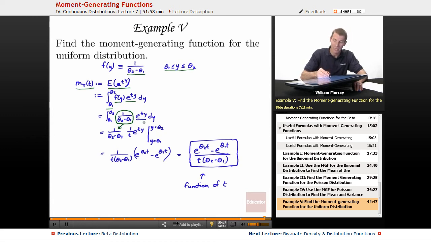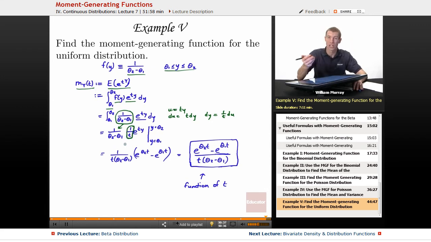Now we have to integrate e to the ty. I did a little u substitution. My u was ty, and my du was t dy, and so dy was 1 over t du. That's where I got that 1 over t from on the outside there. It's sort of the opposite of the chain rule or a substitution. So we still have e to the ty. That's because we're integrating with respect to y, not with respect to t.